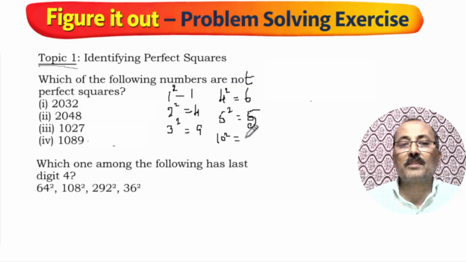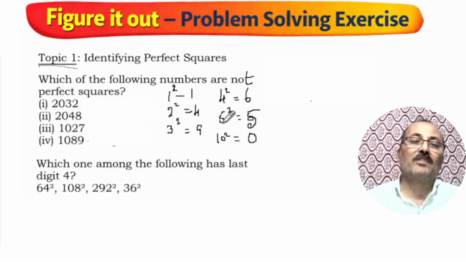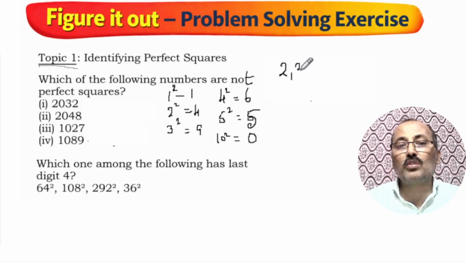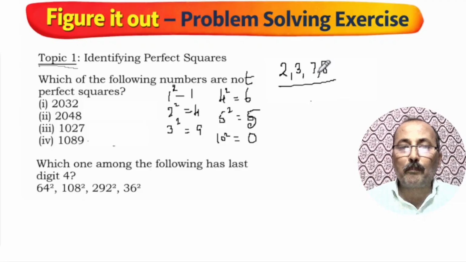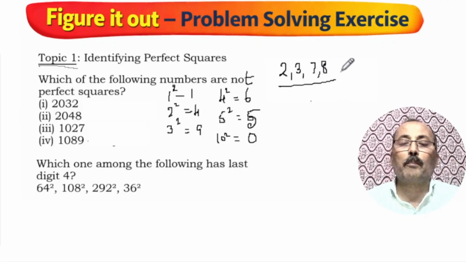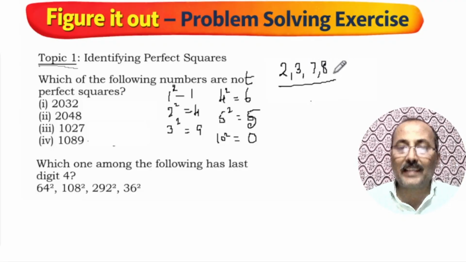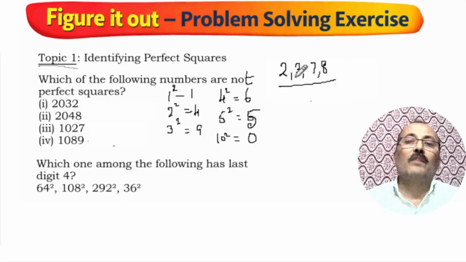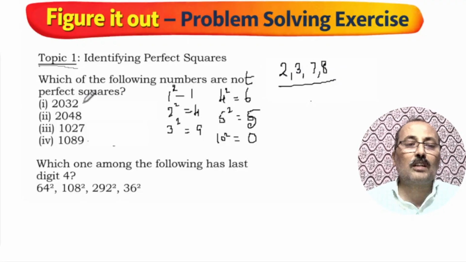So other digits are not there. Here the digits 2, 3, 7, 8 are not present. Hence, if a number is a square number, it will not end with 2, 3, 7, 8. So the first one is not a perfect square number.